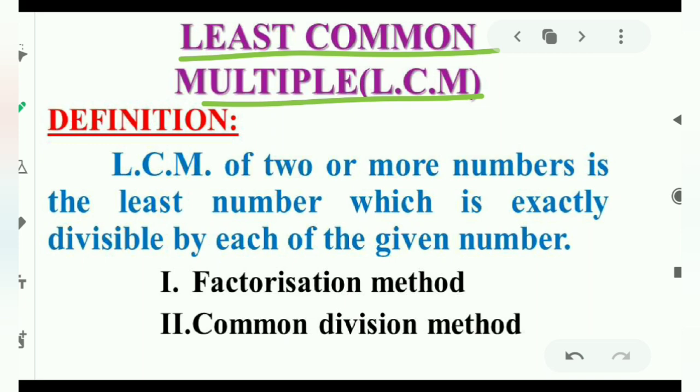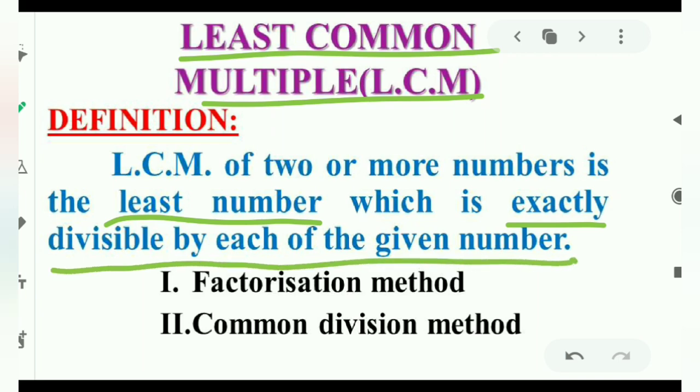LCM of 2 or more numbers is the least number which is exactly divisible by each of the given numbers. Okay, we are going to find the least number which will be exactly divisible by all the given numbers.